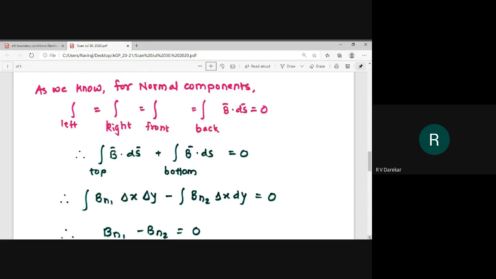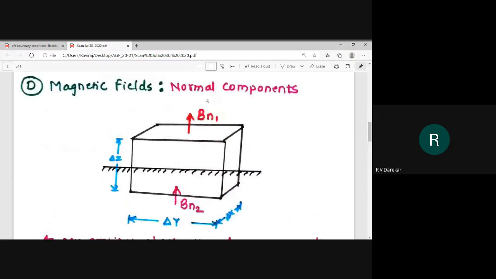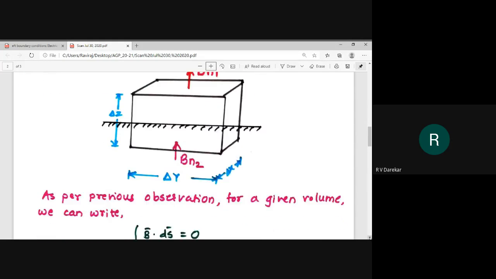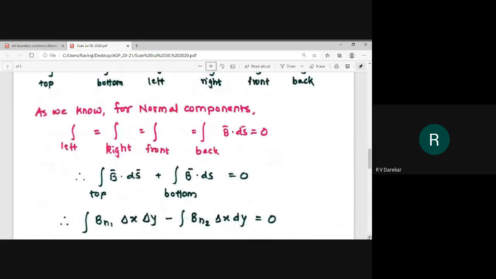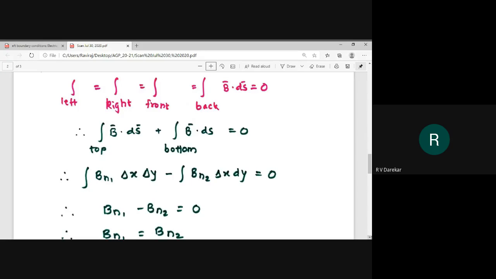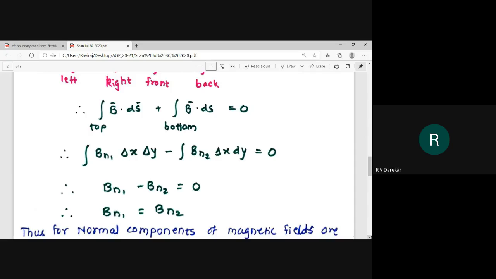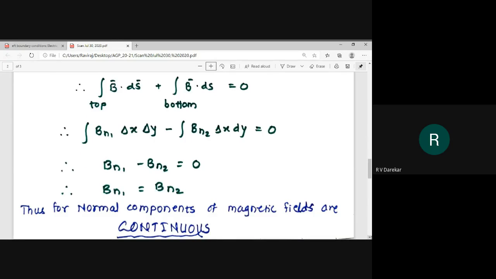Therefore, we can write Bn1 minus Bn2 equal to 0, because the integration of delta x delta y for both integrals will give the same value, as the volume we consider has the same area of surface on the upper side and the bottom side. Therefore, as the area is similar, it can be taken as a common part and sent to the right-hand side to be equal to 0. Therefore, we can write Bn1 minus Bn2 equal to 0, indicating Bn1 is equal to Bn2.